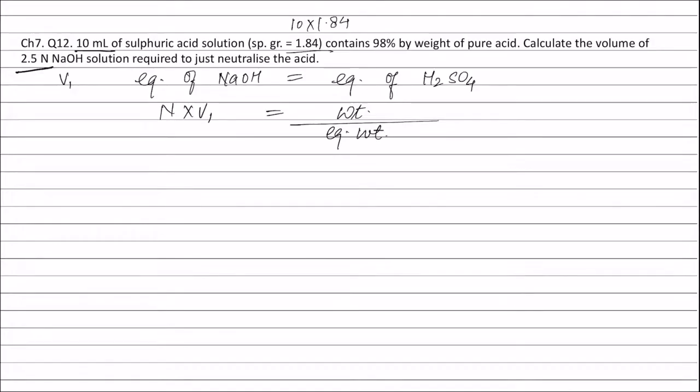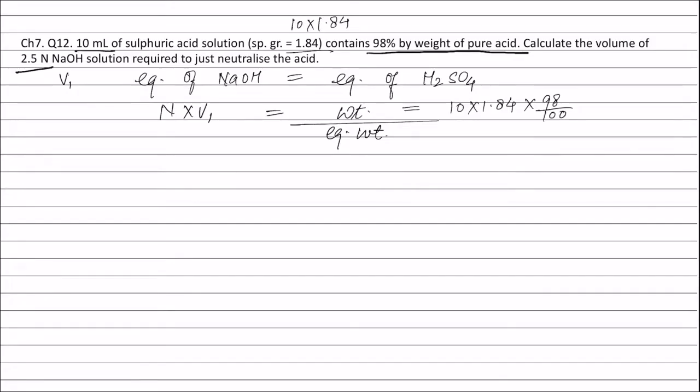Weight of sulfuric acid is equal to 10 into 1.84, but according to the question, only 98% of this weight is pure sulfuric acid. Therefore, weight of pure sulfuric acid will be 10 into 1.84 into 98 by 100.